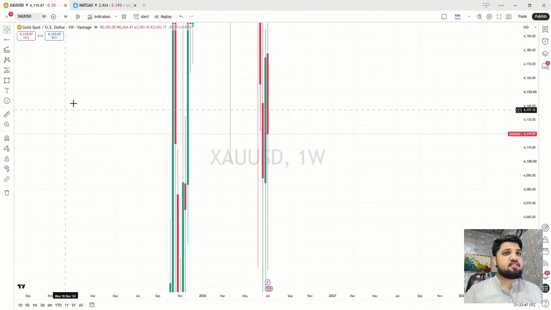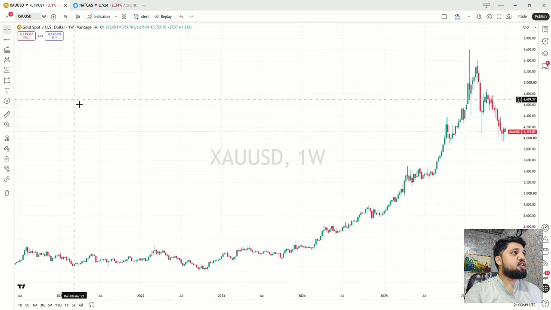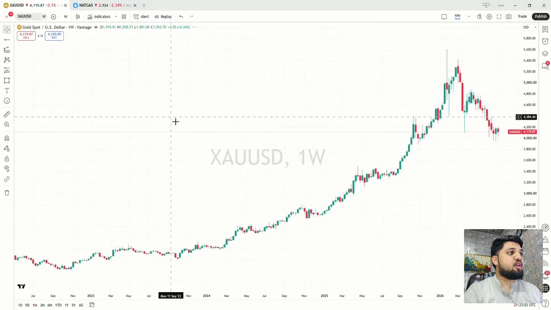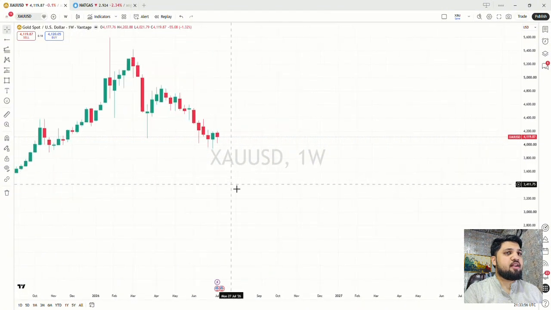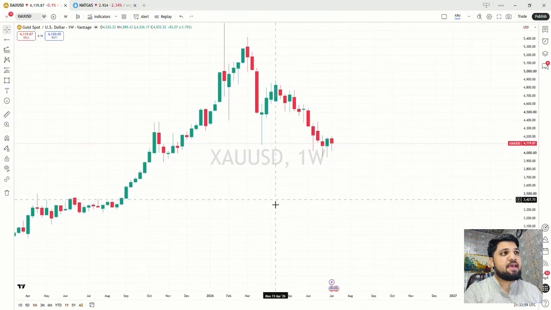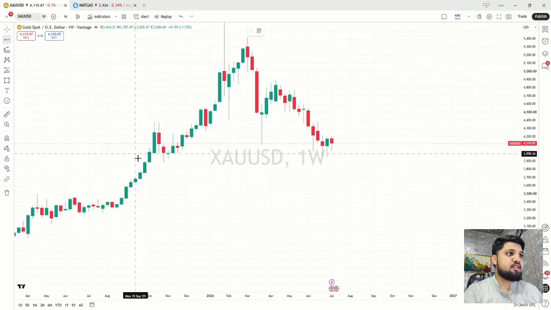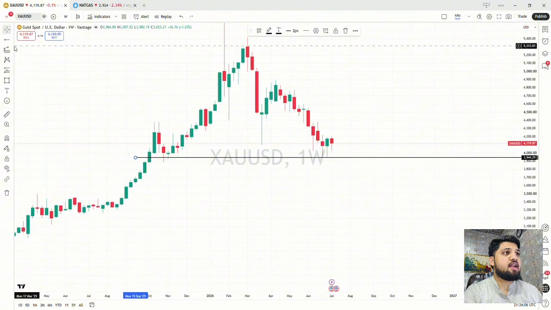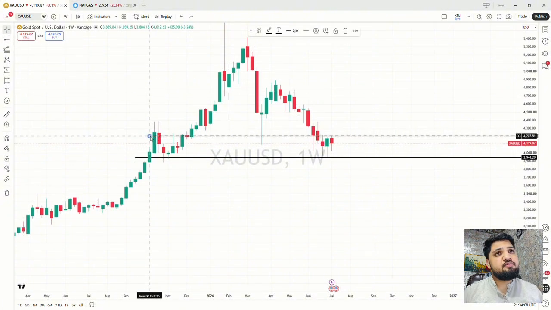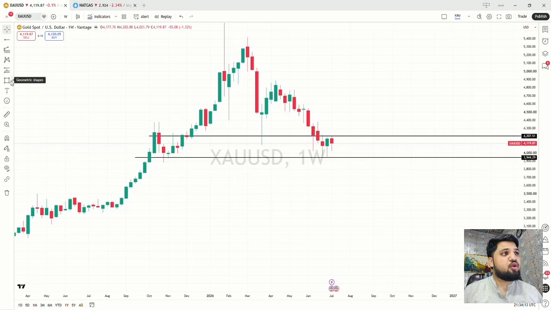So as you can see, this is gold according to the 1 week time frame. When you analyze gold on the 1 week candle, there are two main things. First, this is a low trend line, the lower horizontal line, and this is the resistance line, which means the upper line represents the resistance and the lower horizontal line represents the support area of gold on the 1 week time frame.